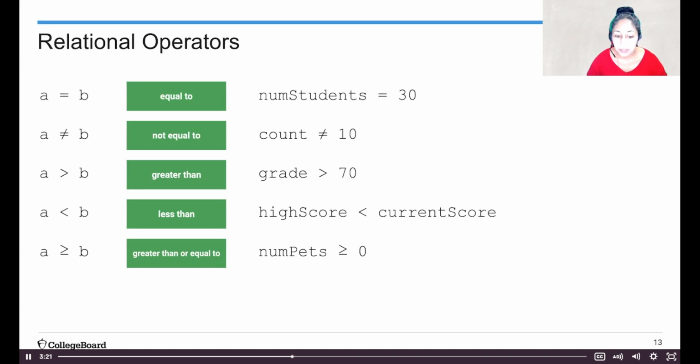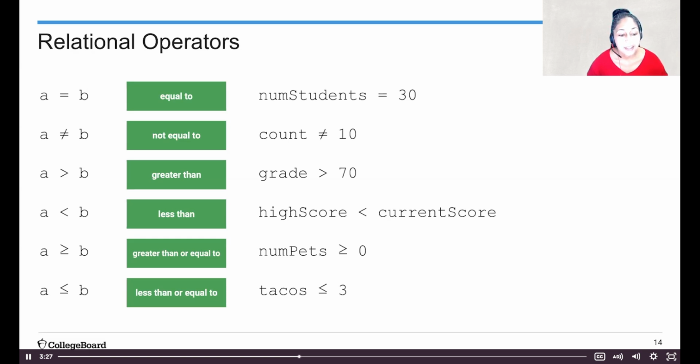For example, if num pets is greater than or equal to 0. Or I can use the less than or equal to symbol to check whether or not one value is less than or equal to 3. For example, on a very sad day, I had less than 3 tacos. I would check to see if tacos is less than or equal to 3.